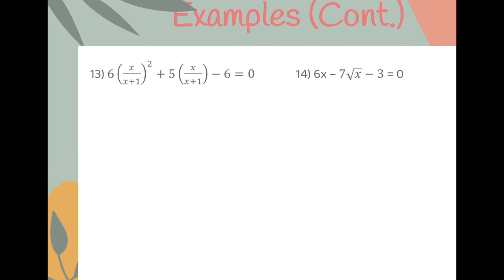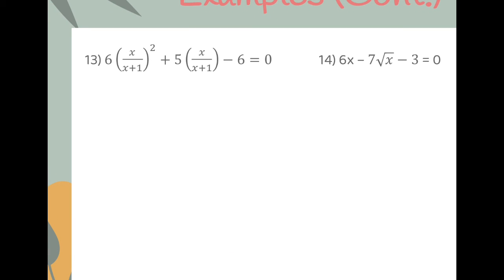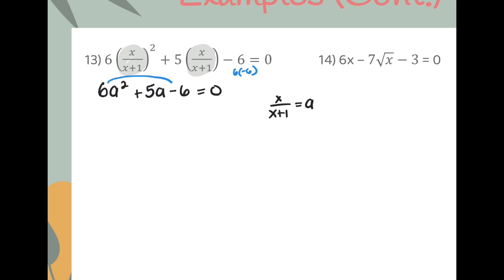So if you look at 13, this middle term is being squared on the front, which means I can substitute in. So I can say that x over x plus 1 equals a. And I can make this 6a squared plus 5a minus 6 equals 0. And now I'm going to factor. I'm going to do 6 times -6, which is -36.